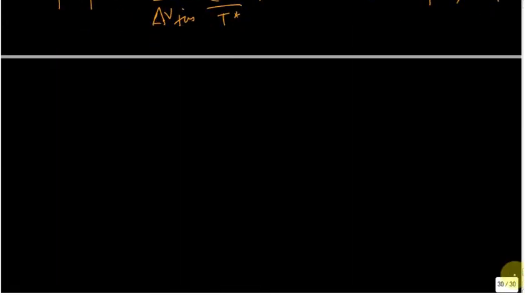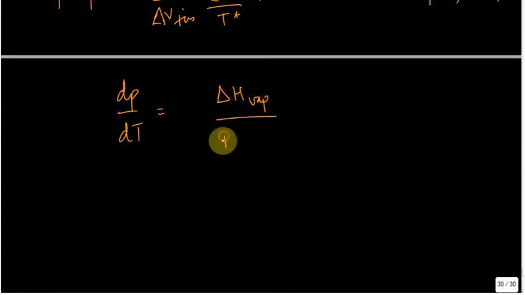What about the transformations with the vapor phase? So let's look at the liquid vapor, that is boiling, right? So what does it give me? dP by dT would be equal to delta H evaporation by T delta V vaporization.